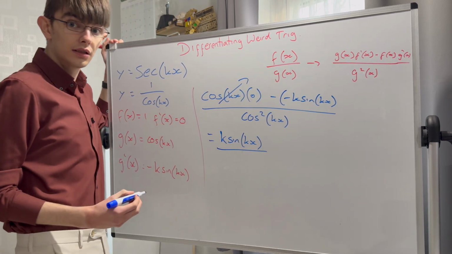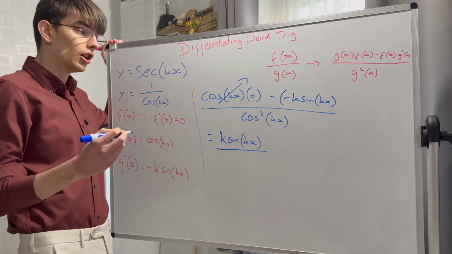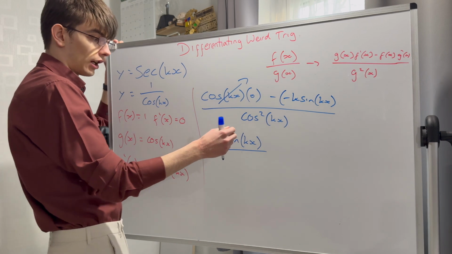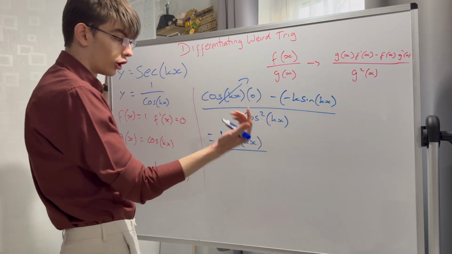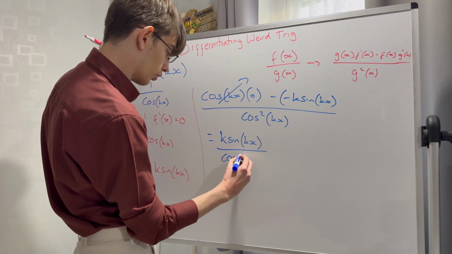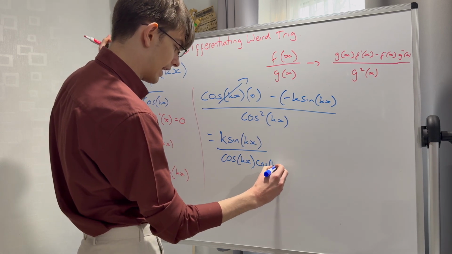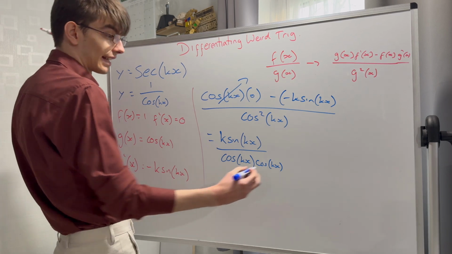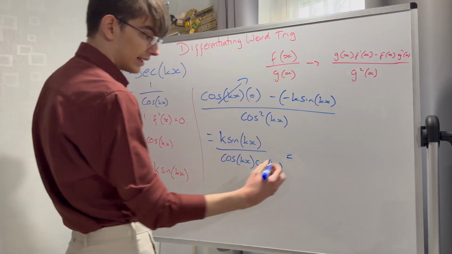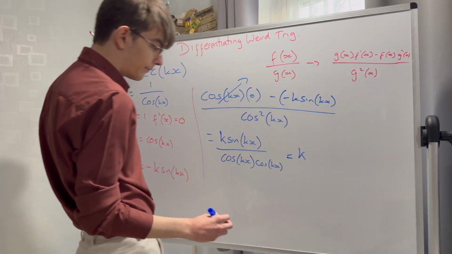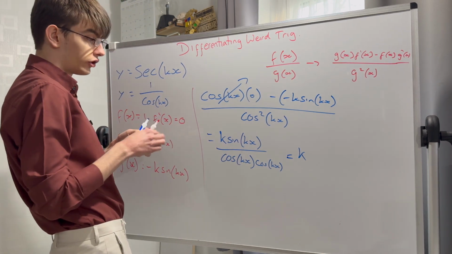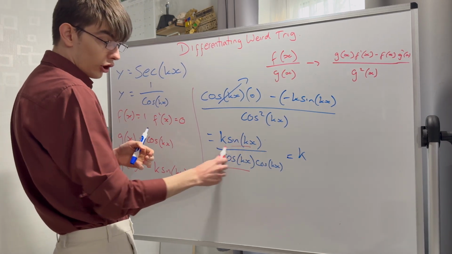And once again, same as I did with the cosec, I'm going to do a little trick and split this cos squared into cos of kx times cos of kx. So let's bring this k out so that k can stay there. I then have sine divided by cos.